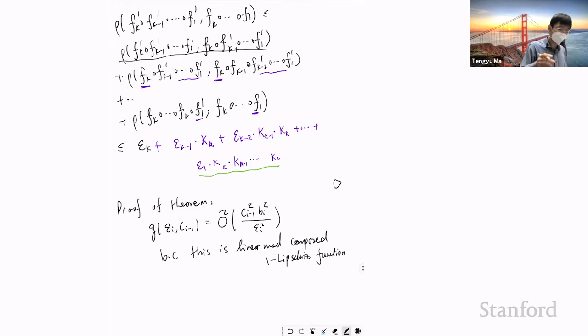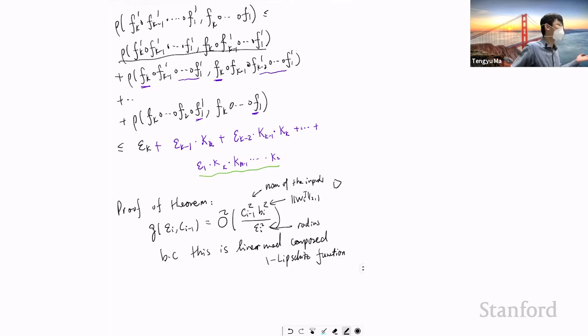Recall that each of the Fi is a linear model composed with a fixed one-Lipschitz function, and for the linear model, the log covering number is something like the norm of the input, and Bi is the Wi transpose 2 to 1 norm, so the norm of the parameter, divided by the radius.